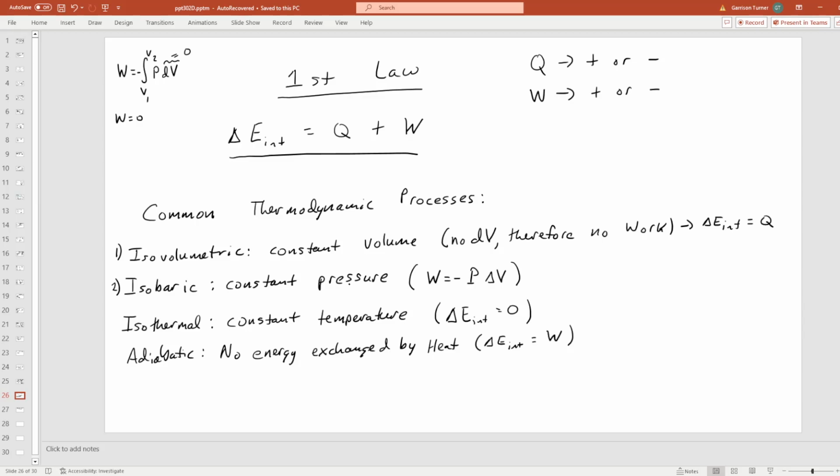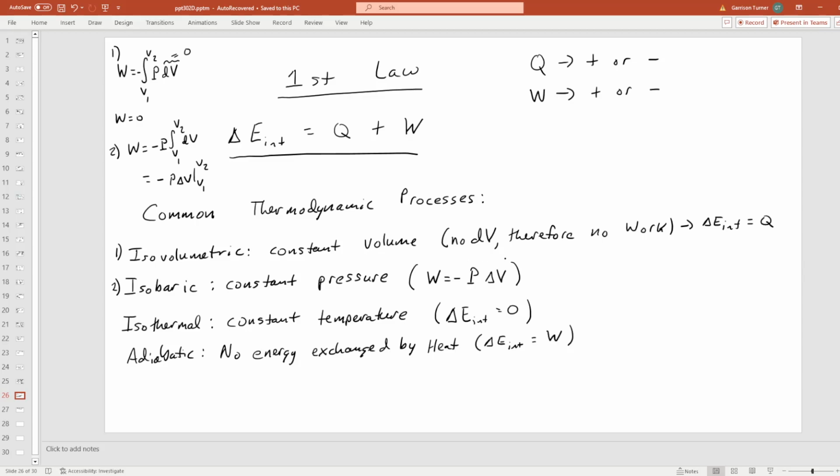Okay, number two, isobaric. This is constant pressure. So if your pressure is constant, then the work done, your pressure can come out of the integral, and this just becomes negative P delta V, evaluated from V1 to V2. Right?